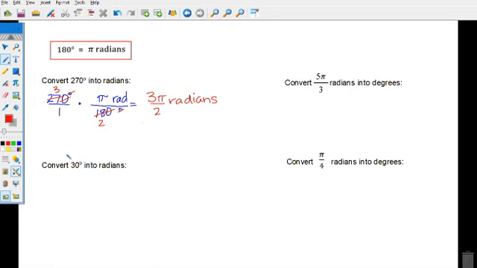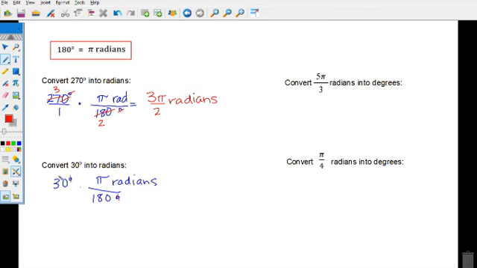So maybe something smaller. If we're starting out with 30 degrees, again, I want to convert into radians, so I'm going to put degrees in the denominator so that I can cancel those out, and I'm going to have radians in the top. I have pi radians for 180 degrees. Now my degrees cancel out.